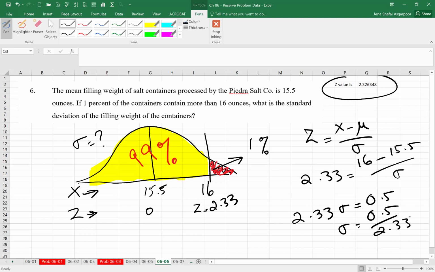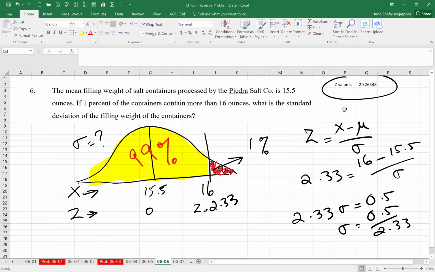So standard deviation equals 0.5 over 2.33. So approximately 0.215 is the standard deviation.